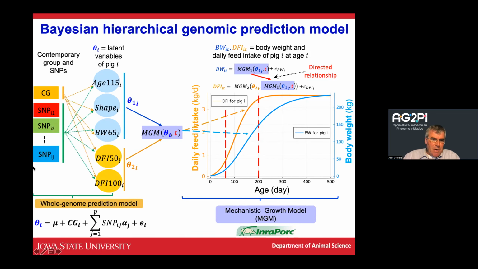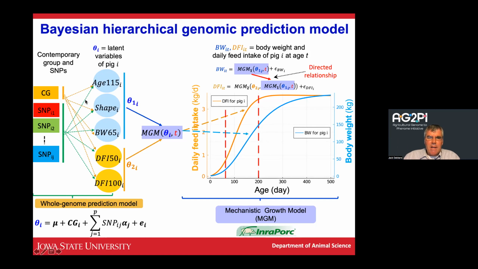On the genomic prediction side, we have a whole genome prediction model, the standard one, using marker effects and also contemporary groups to predict the latent variables. And these are fitted as covariates because we want to get at the additive effects of these latent variables. So this goes back to the question that Christine got, how do you get the marker effects?